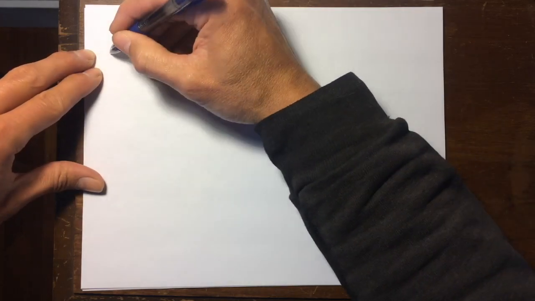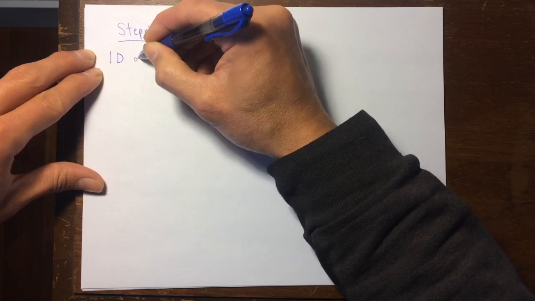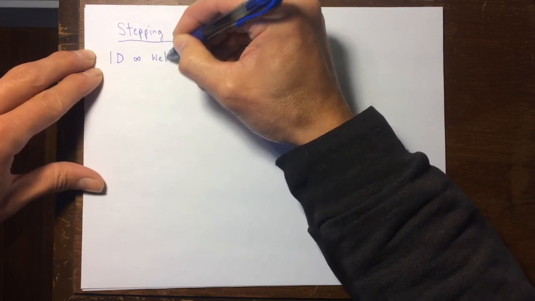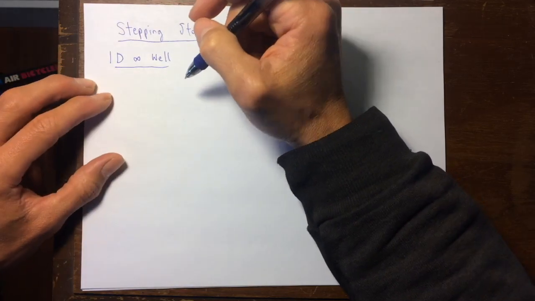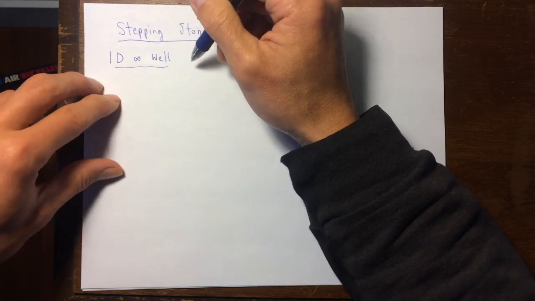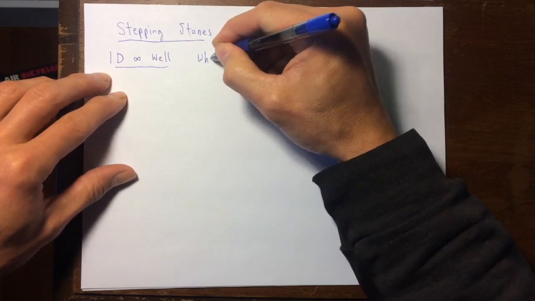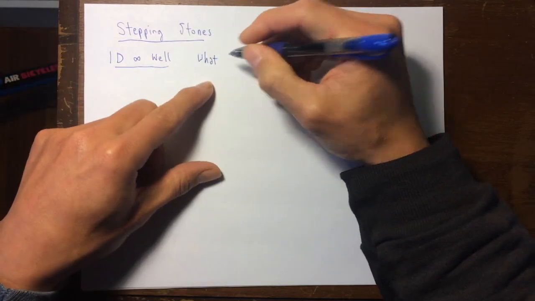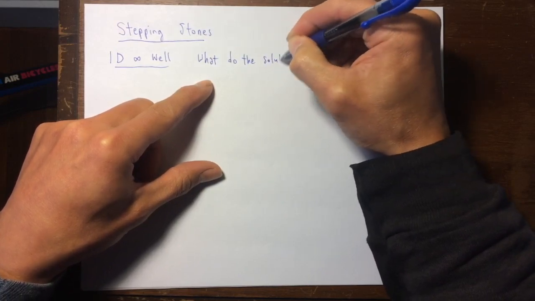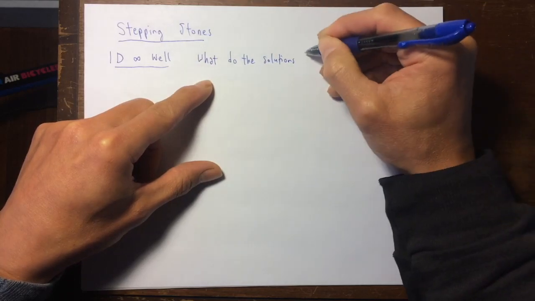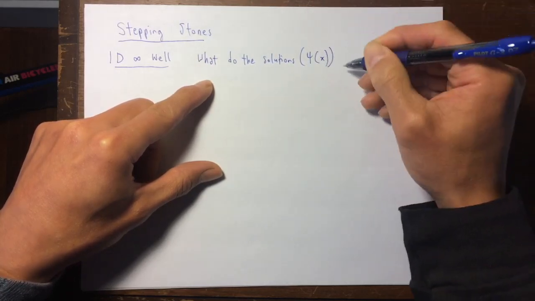So of course the first thing is somewhat of a review, but it's the one-dimensional infinitely deep well. That's the first thing. And while you're reading about this, or actually after the fact, I wonder if you could answer questions like this. What do the solutions, and when I say solutions, I'm talking about the wave function psi of x, what do they look like?